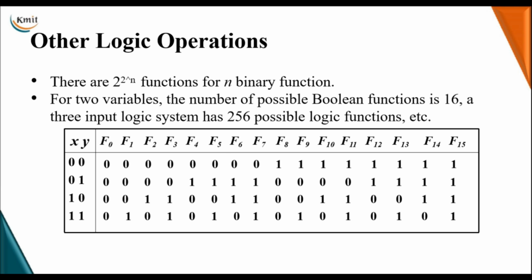For example, if I replace the number of input variables with 2, then 2 power 4 becomes 16 possible logical functions we can implement using two variables with the three logical operations.